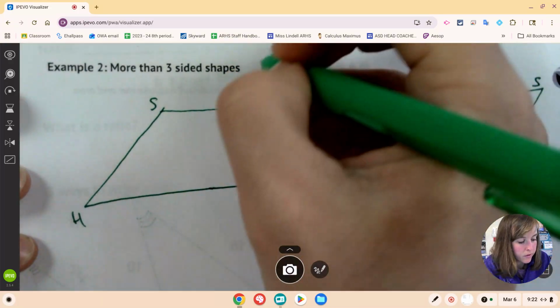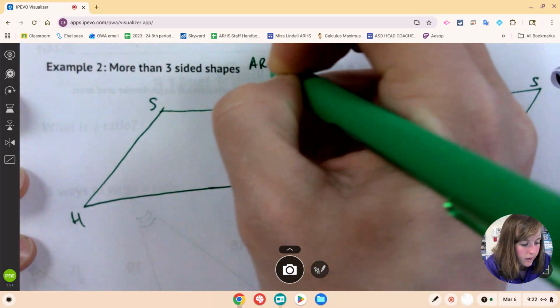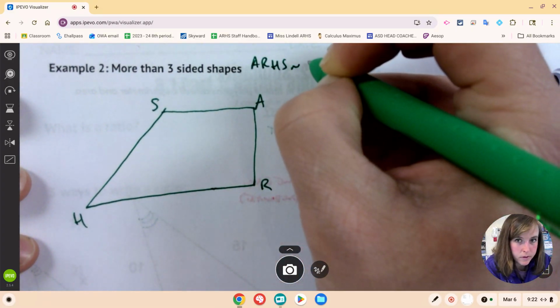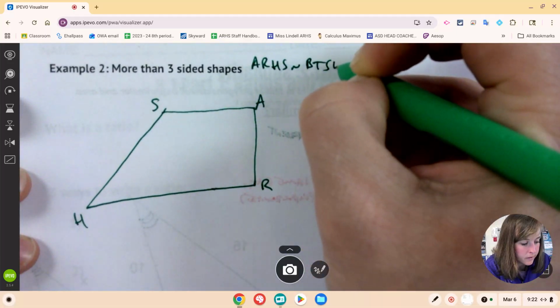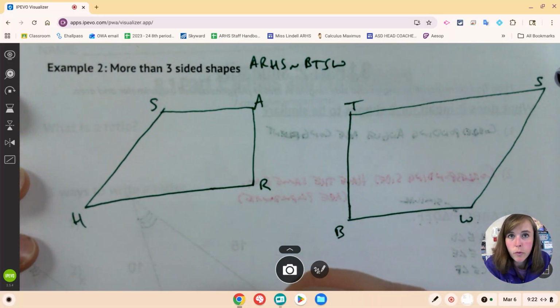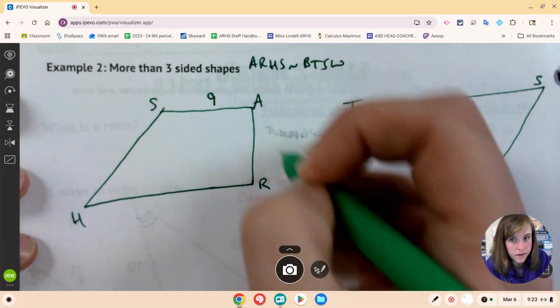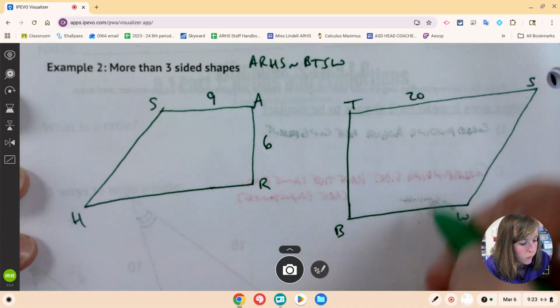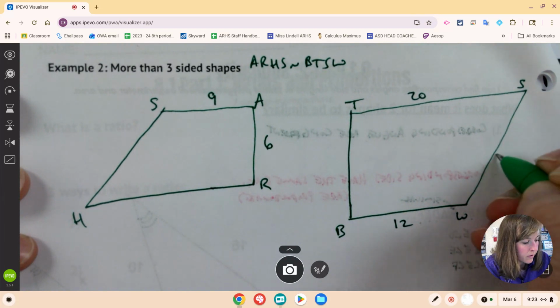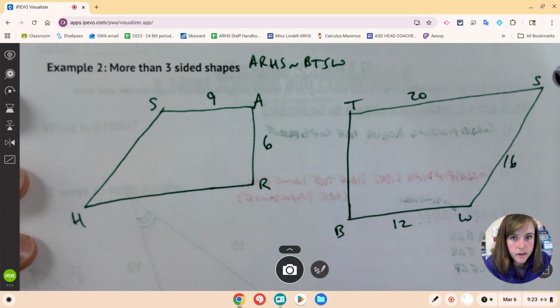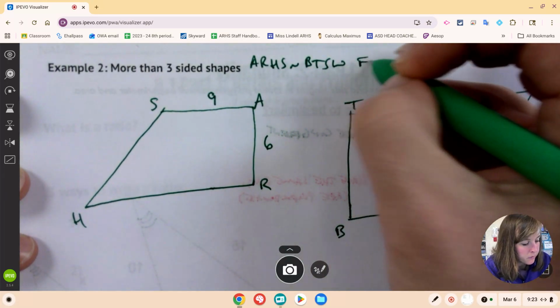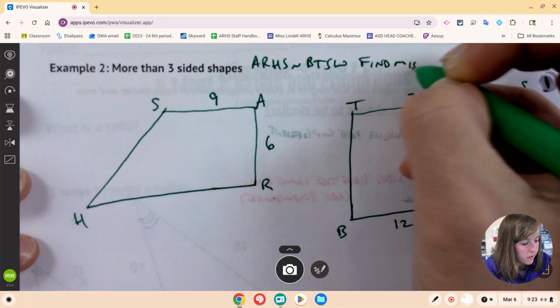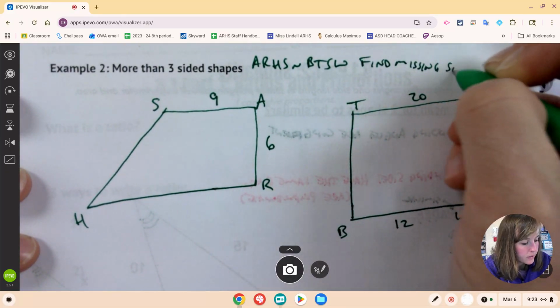And we're going to start with the similarity statement that ARHS is similar to BTSW. We're going to be given that this side is 9, this one is 6, this one is 20, this one is 12, and this one is 16, and we're going to be asked to find the missing sides.